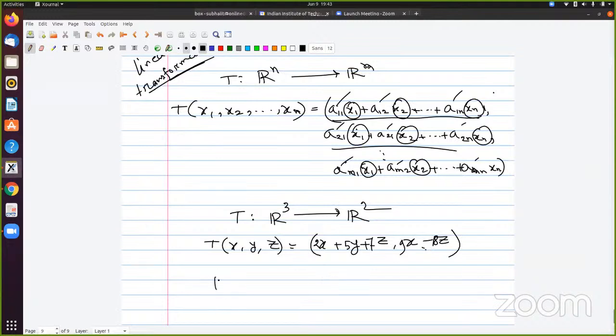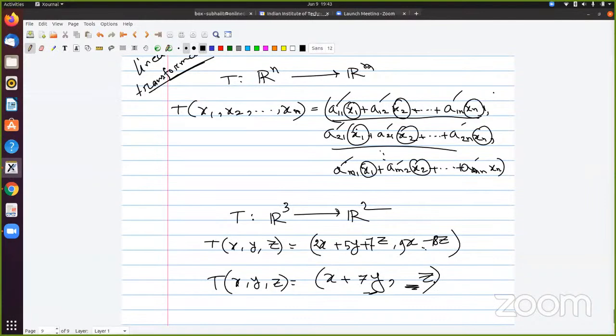Clear? Suppose I am giving you the same thing like this: x plus 7y, and here only z. Is it a linear transformation? Yes, right? All the powers are 1 or 0. Here x and y are not there, here z is not there. Still it is a linear transformation, because it is a linear combination of x, y, z at each coordinate.